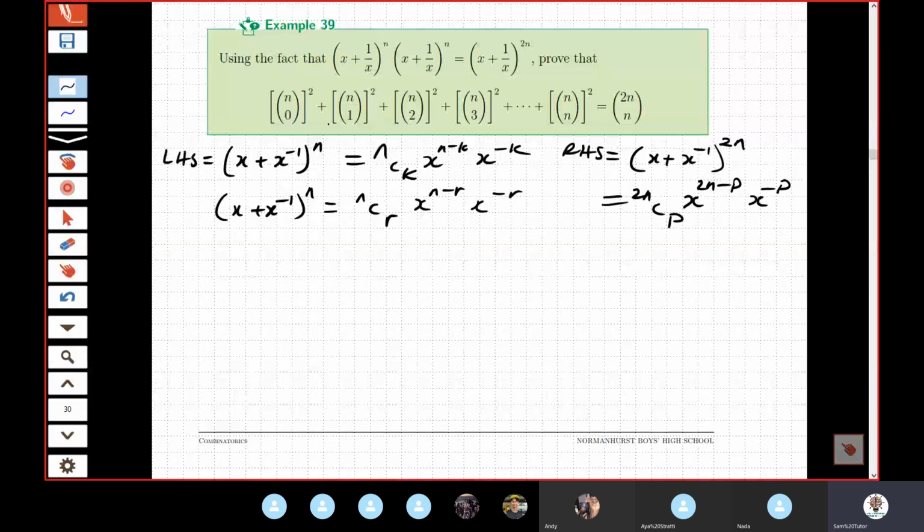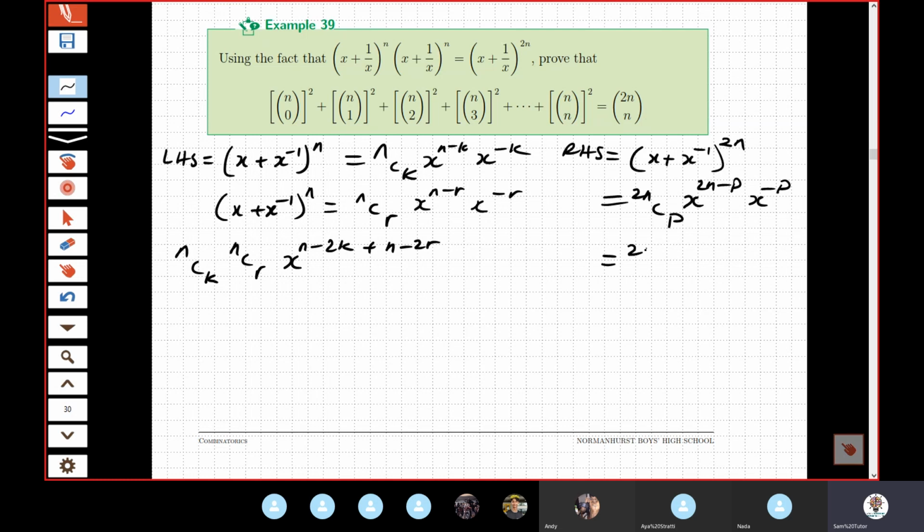You know what you would usually do now? These are multiplied, so we're going to multiply these. We agree with that? So the whole thing, everything, we're going to multiply all of this. So it's going to look like this: nCk, nCr, x. What do you do with all the bases that are the same? We add the powers: n minus k minus 2k plus n minus 2r.